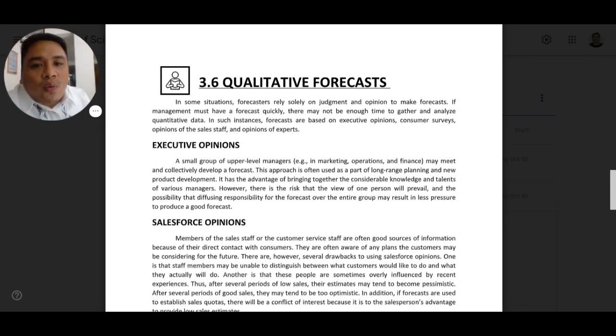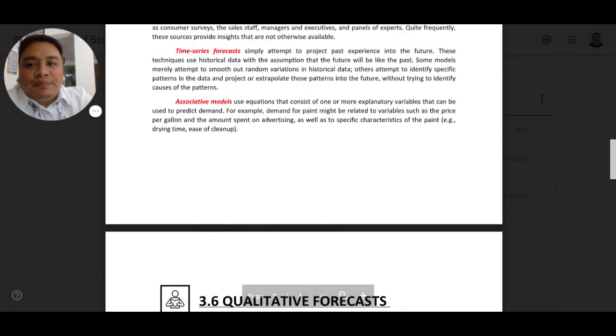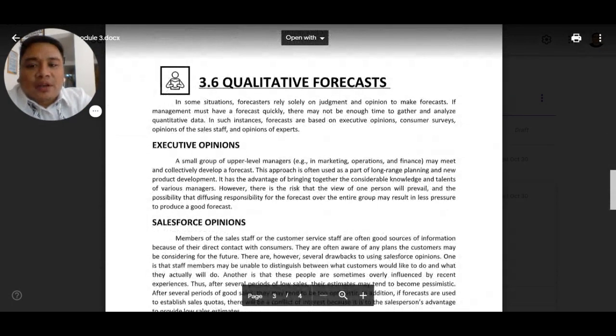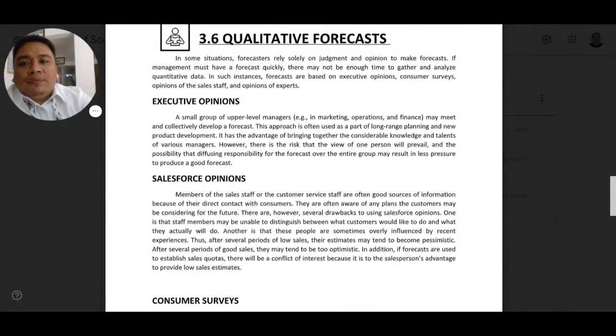Okay, so under qualitative forecast, we have discussed that it focuses on personal opinions, personal experiences. Ito yung tinatawag nating judgmental forecast. Okay. So, executive opinions, sila yung mga top level management or a group of upper level managers that may meet and collectively develop a forecast.